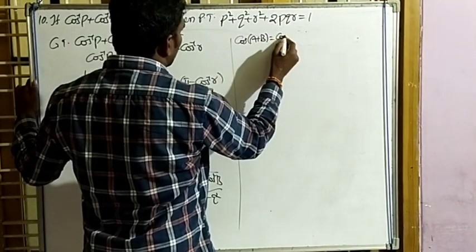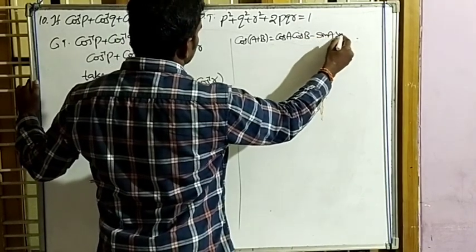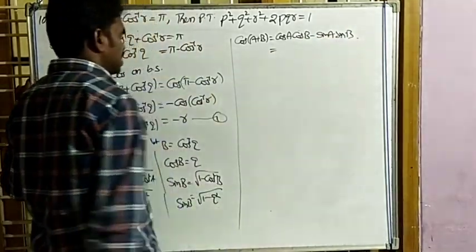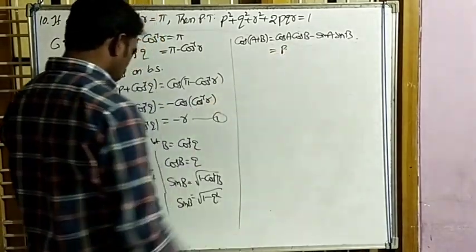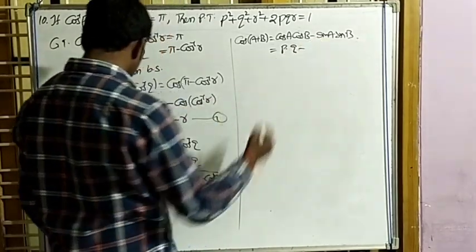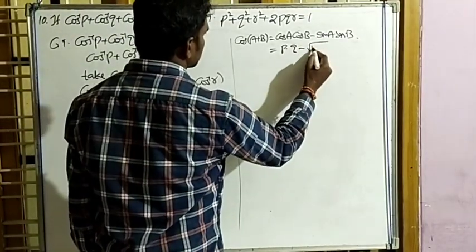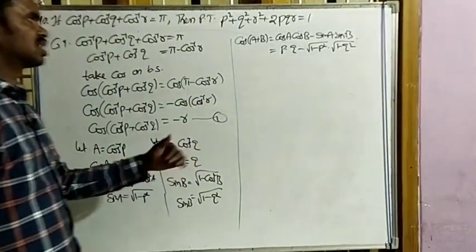Cos of a plus b equals the formula cos a cos b minus sin a sin b. What is cos a? Cos a is p, into cos b. Cos b is q, minus sin a, root of 1 minus p square, into root of 1 minus q square. That's it. Cos of a plus b equals.